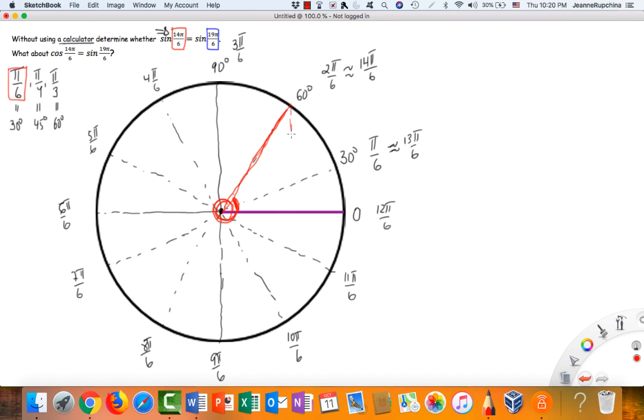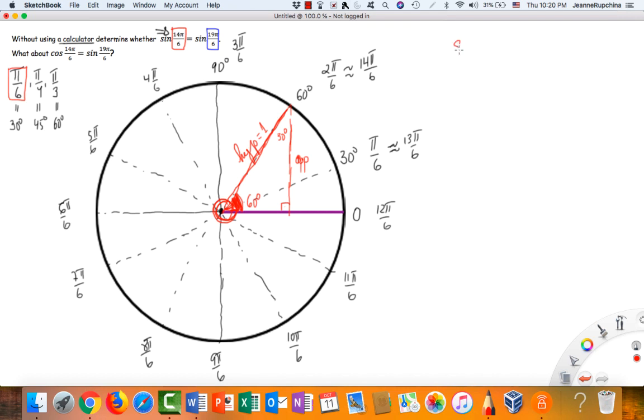So how do I find sine of this angle over here? Well, sine will be the opposite side over the hypotenuse. I know this is 60, I know this is 30, I know this is 90. I know the hypotenuse in a unit circle is 1 unit.